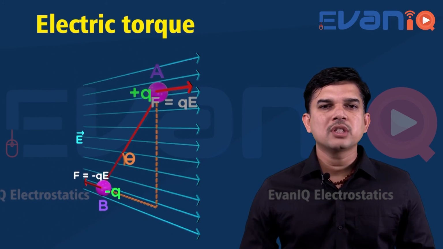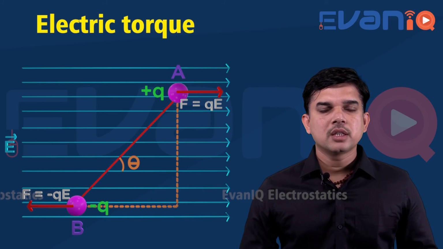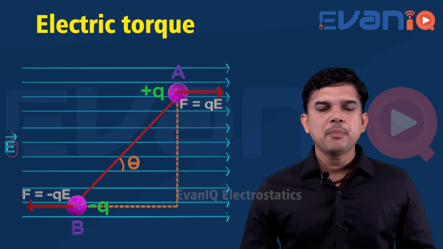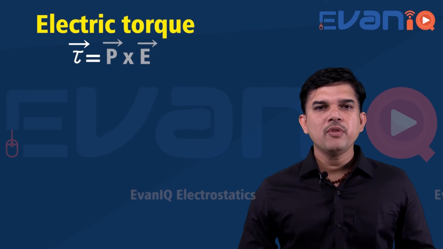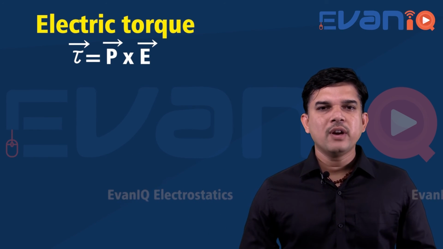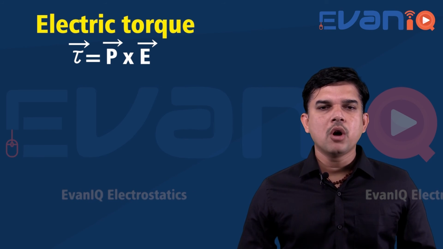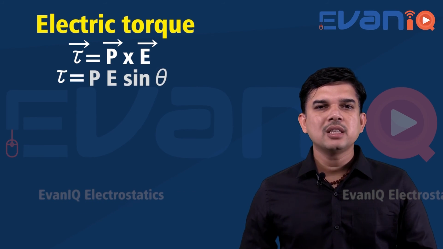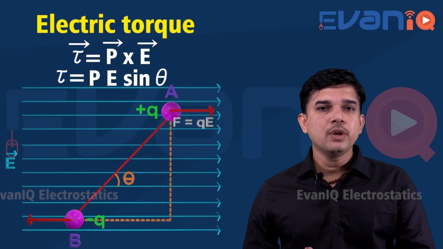So the net force on the electric dipole is 0 in a uniform electric field, but the torque is the cross product of dipole moment and electric field, that means tau vector equals P vector cross E vector. When the cross product is expanded, we get tau equal to PE sin theta, where theta is the angle between the electric dipole and the electric field.